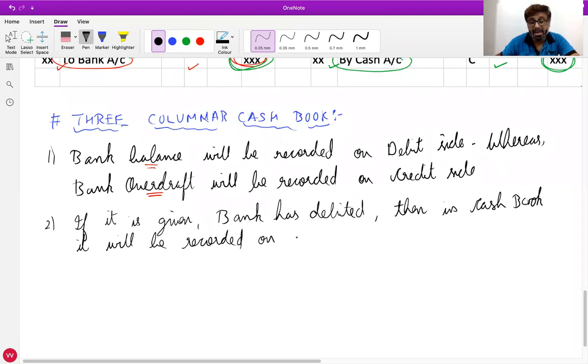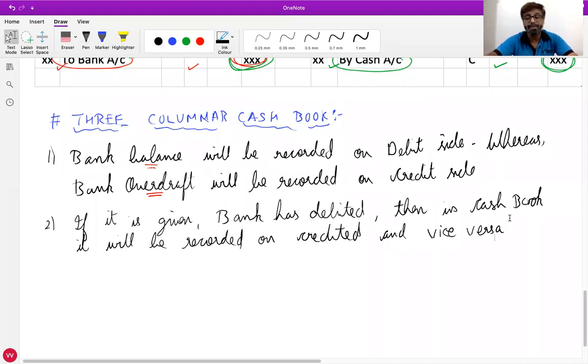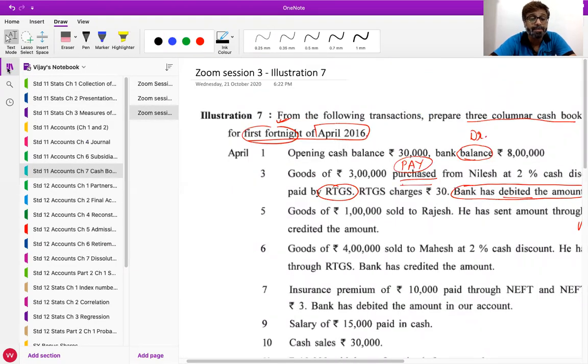And vice versa. You all understand vice versa? Yes, opposite. Vice versa means if they say bank has credited, then you will write in the cash book on the debit side. Okay, is this shortcut clear to you in this chapter?